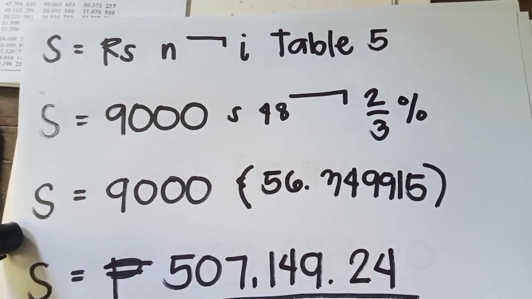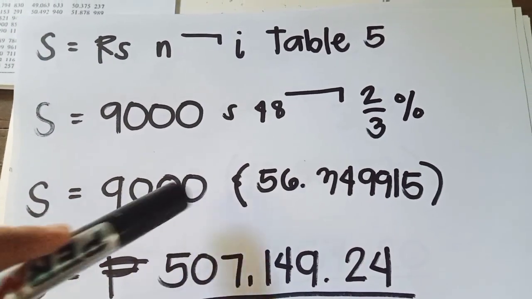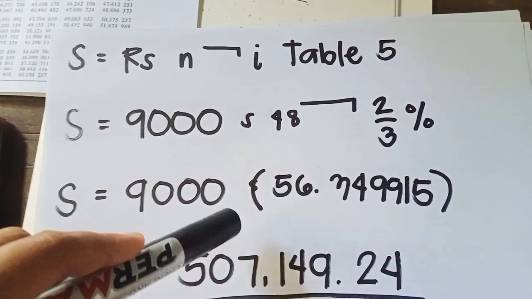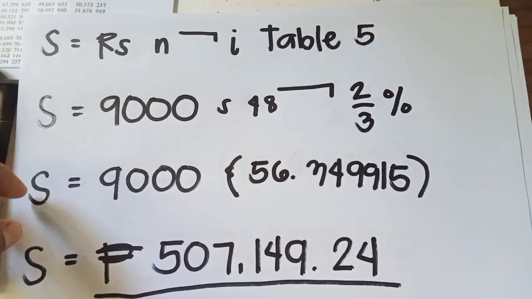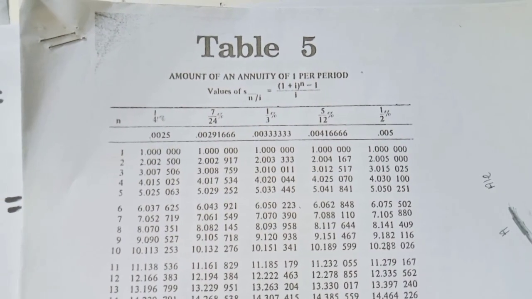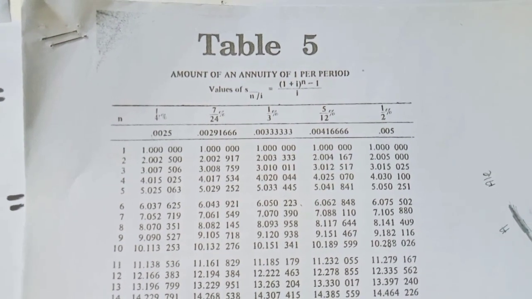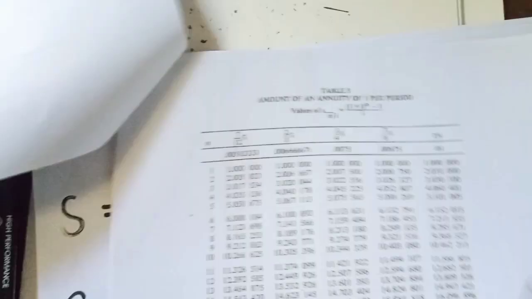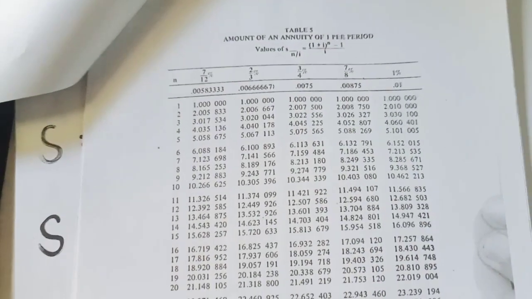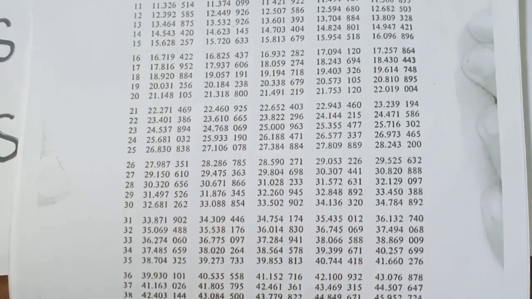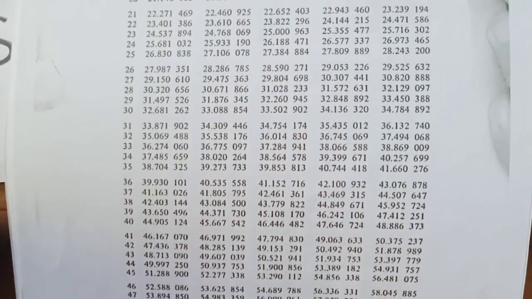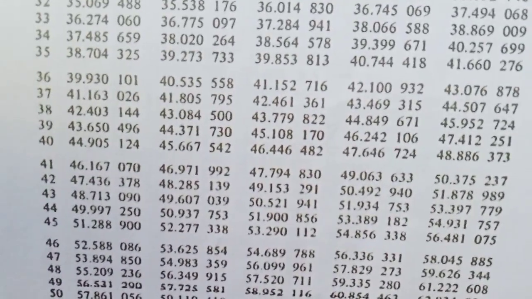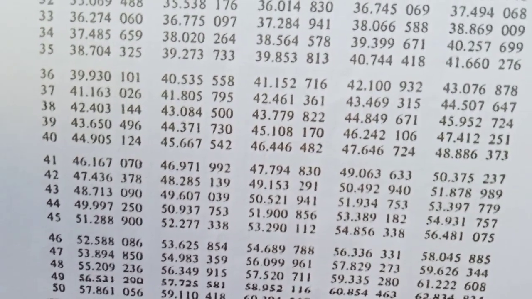So let's copy the 9,000 and this I, angle N, we will find that in the table of values. So this is the table of values. So we will find that 2/3%. So this is the 2/3, and we will find the number 48. This is 56.349915.